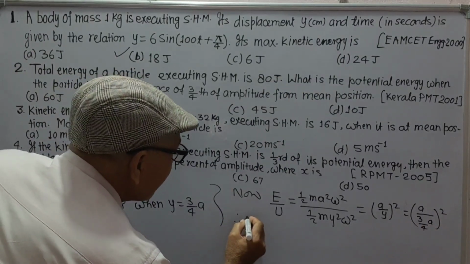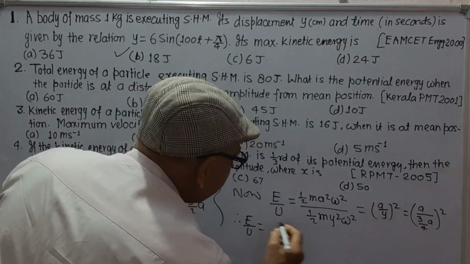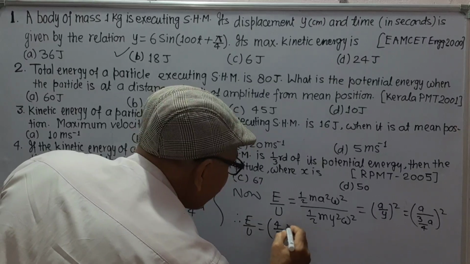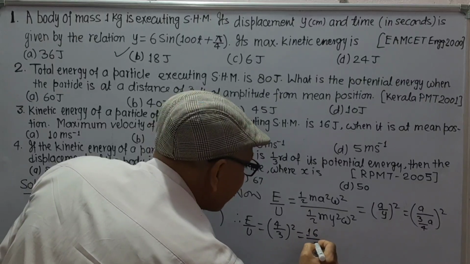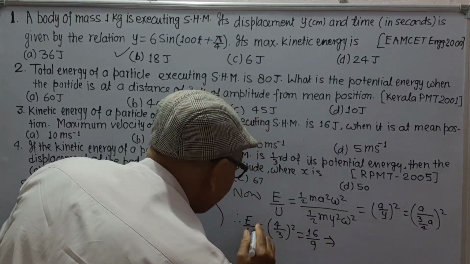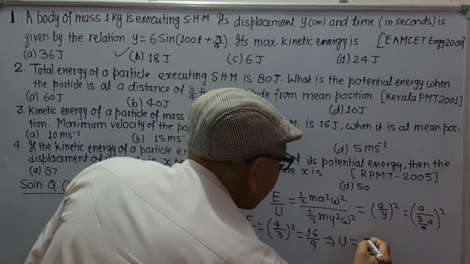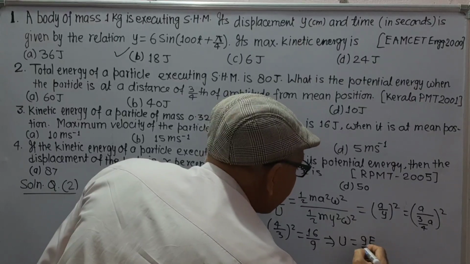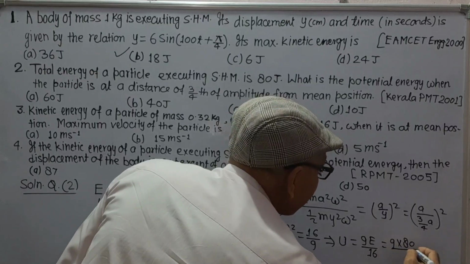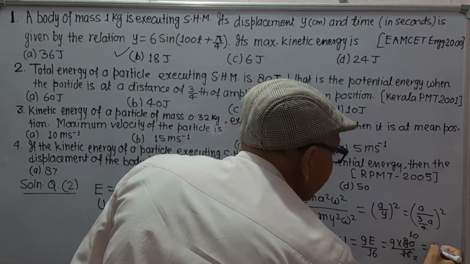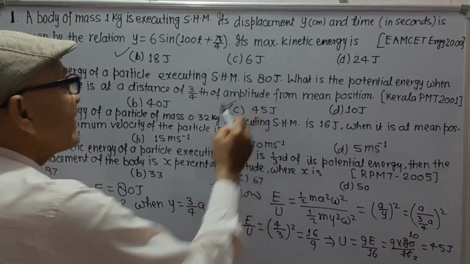So E by U is equal to 4 by 3 whole square, 16 upon 9, which gives U as 9E upon 16, that is 9 into 80 upon 16, which is 45 joules. So the correct option is C.